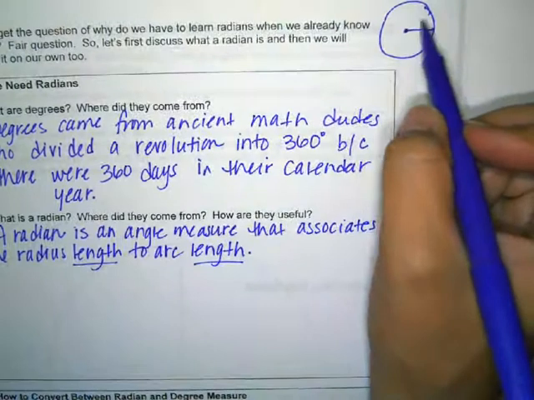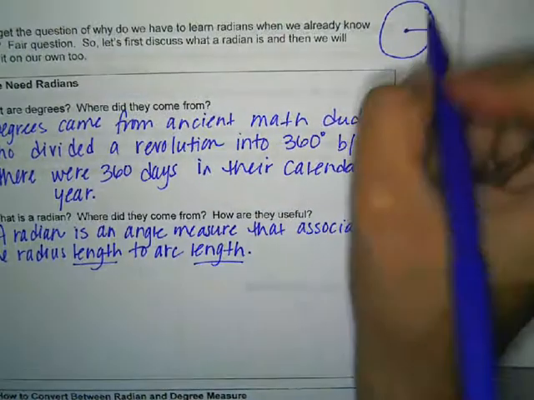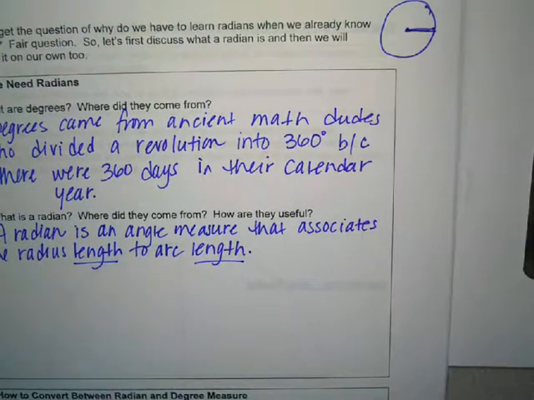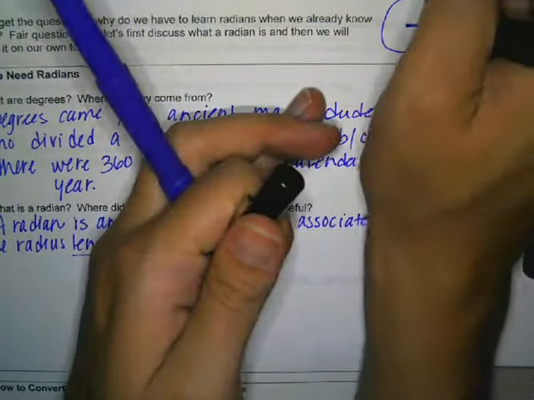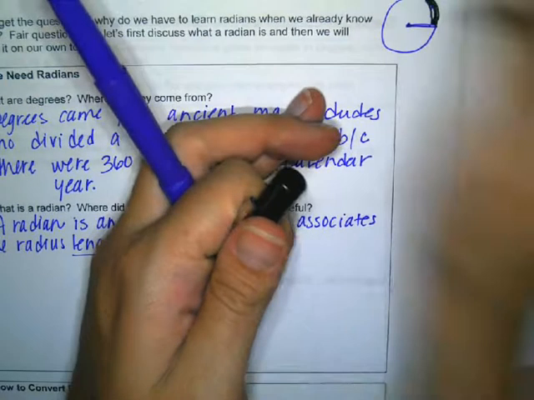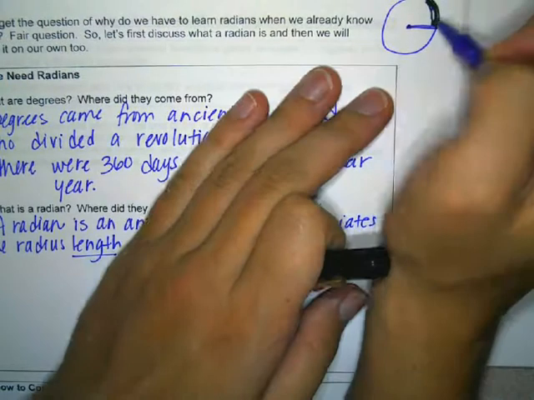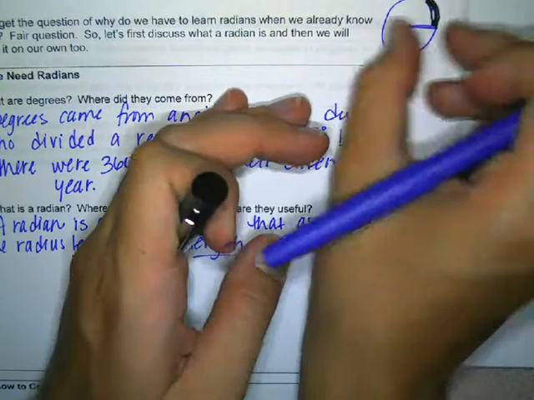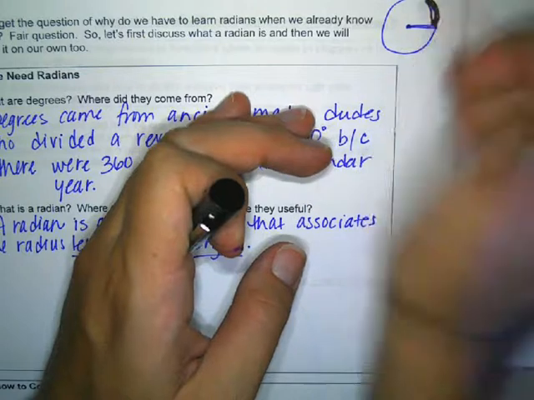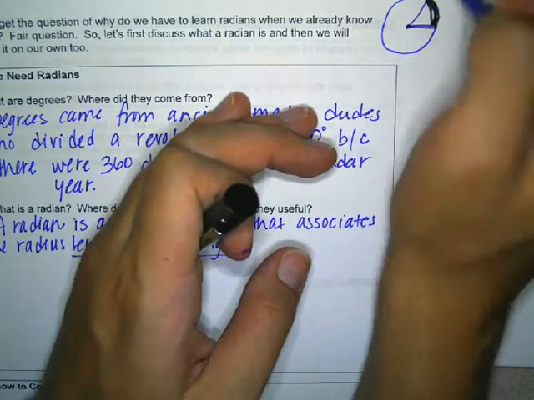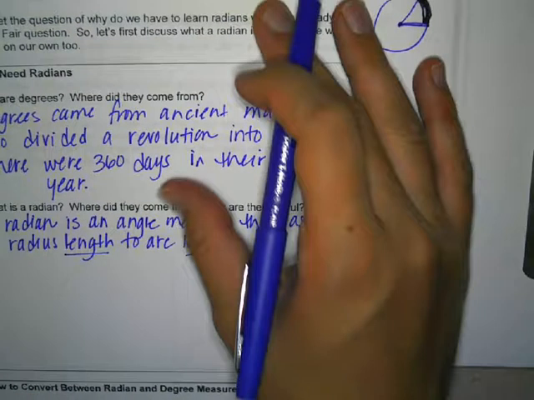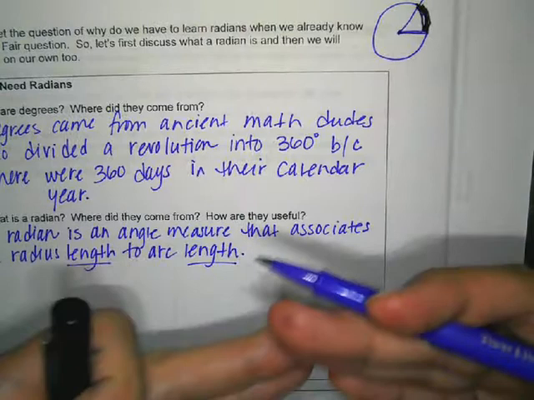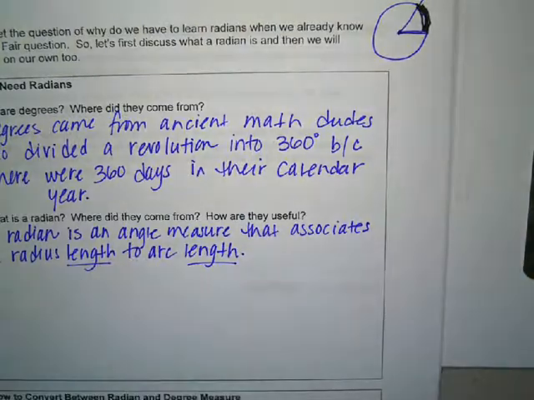But if we're going to measure a 1 radian angle, you're basically taking the length of the radius and stretching it out on the arc length, and wherever that stops, that's 1 radian. So 1 radian looks quite a bit larger than 1 degree, because it's associating the length of something, not just how many degrees you're rotating through.